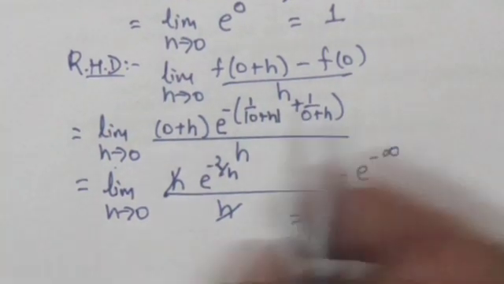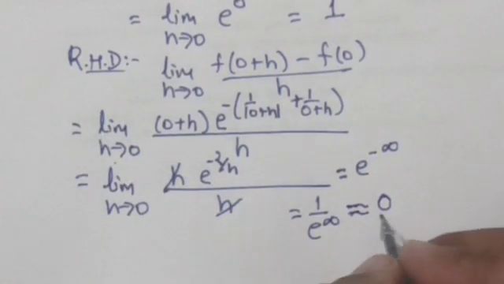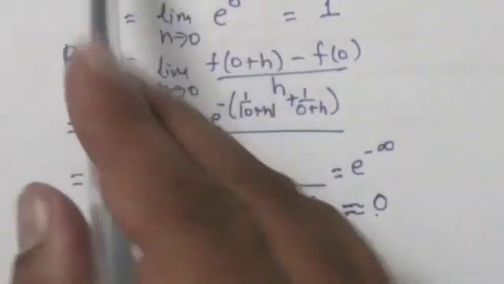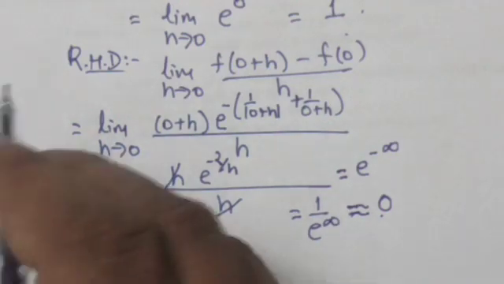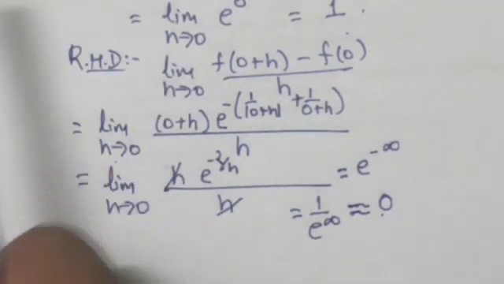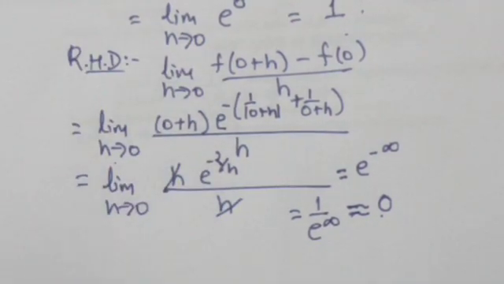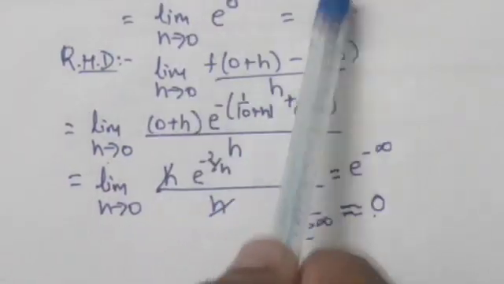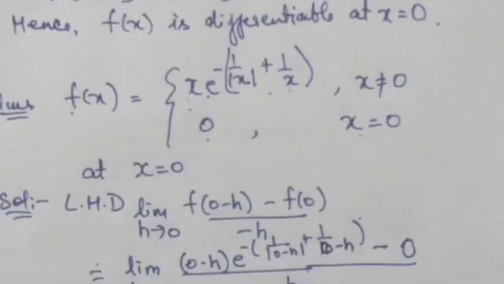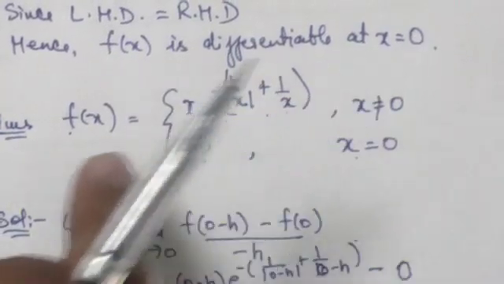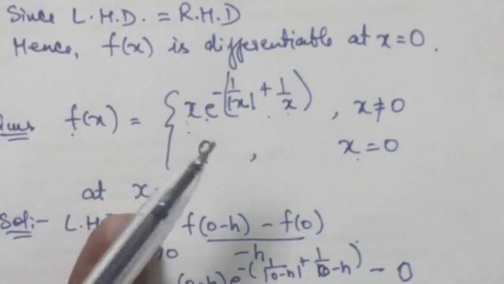So here the right hand derivative will be 0, right? And the left hand derivative is 1. So here you can see that right hand derivative is not equal to left hand derivative. Therefore, this function f(x) is not differentiable at x is equal to 0.